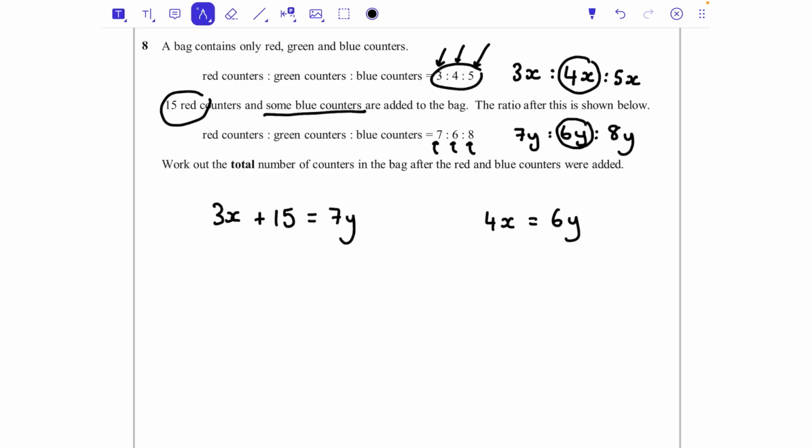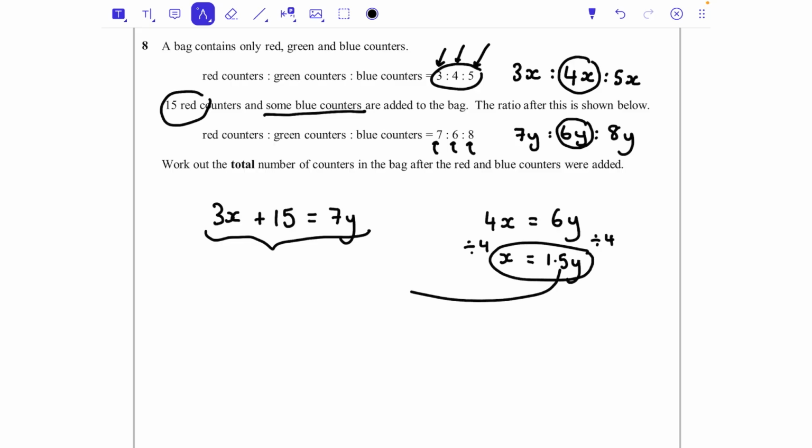That's green, that one is green, that one is green, and we know that no green counters were added, so that's the same. Now using that information, if 4x is 6y, let's divide both sides by 4, and that tells us that x is 1.5y, which is helpful because at the minute I can't solve this equation because it has x's and y's in it, but using this information I can change the x to be 1.5y.